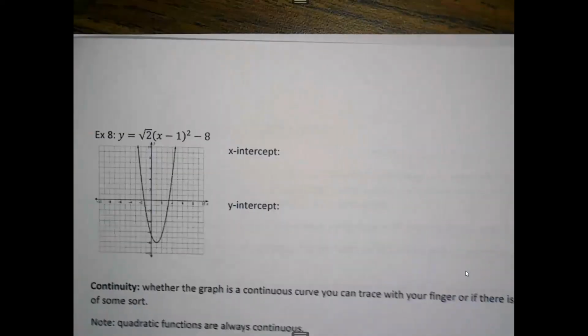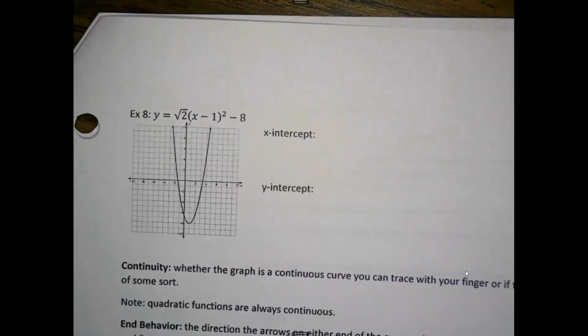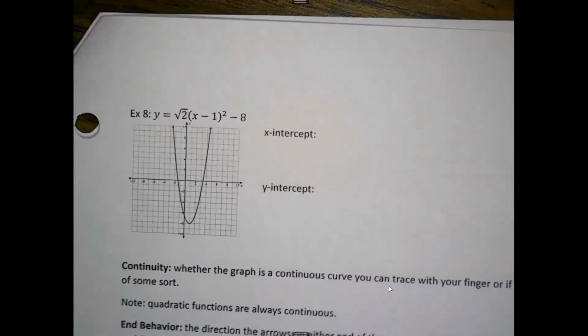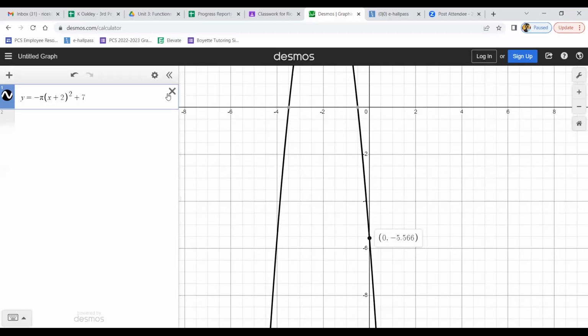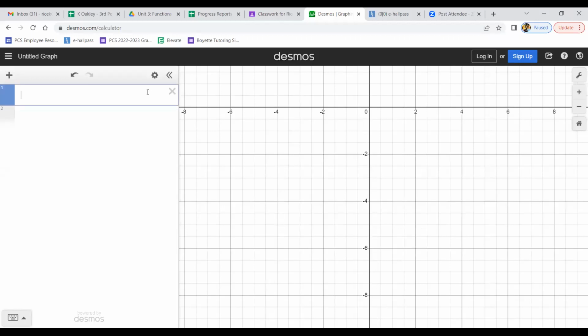Oh, look, we got some more. Square root. We got to type that in on Desmos. Anyone know how to type a square root in on Desmos? Yeah, you can use the keyboard, or if you're a fancy computer programmer, you want to know the other way to do it? Type SQRT.